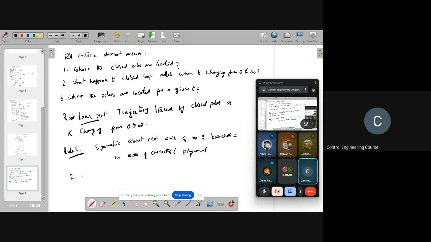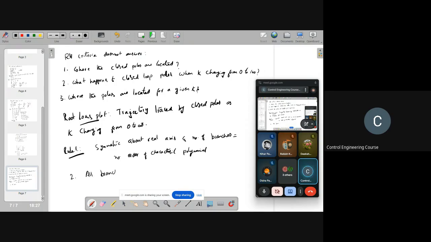branches start at open loop poles at k equal to 0 and end at either open loop zeros or infinity at k equal to infinity. I will tell you an example of what this means.